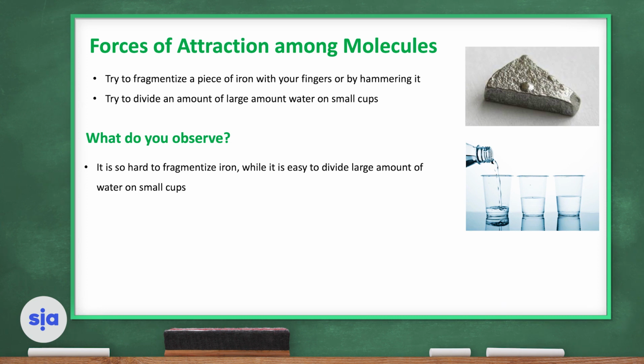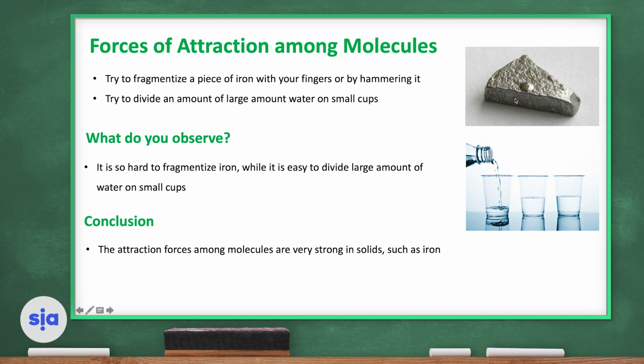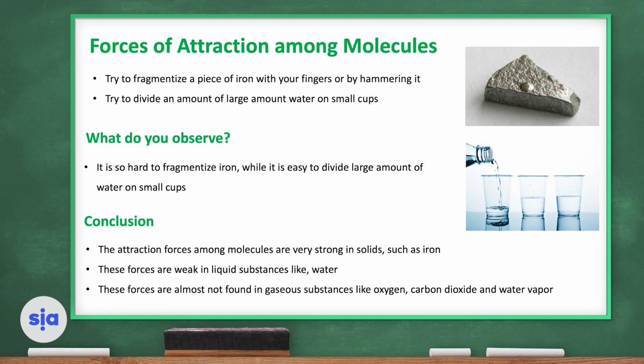It's very hard to break down the iron. And this means that the attraction forces between the molecules are very strong in solids, such as iron. And the forces are somewhat weaker in liquid, like water. These forces are almost not found or negligible in gaseous substances like oxygen, carbon dioxide, and water vapor.